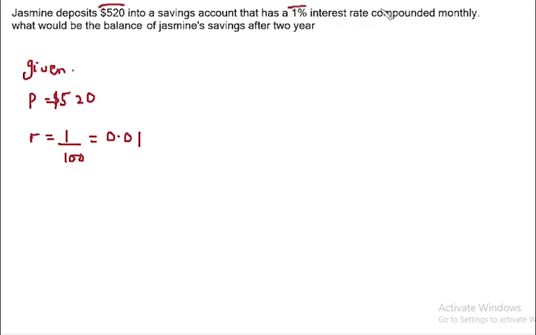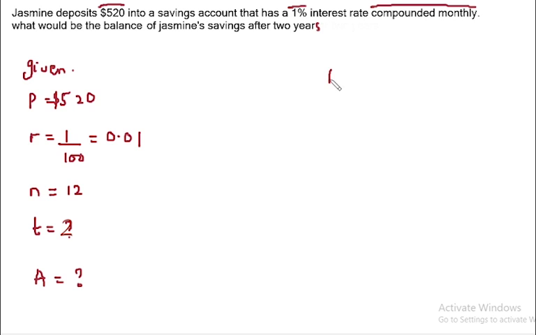And then compounding occurs monthly. So the interest rate is compounded monthly. That means our N value is equal to 12. What would be the balance of Jasmine's savings after 2 years? This is 2 years. So the time frame we are looking at is T is equal to 2. The balance of Jasmine's savings is the amount.